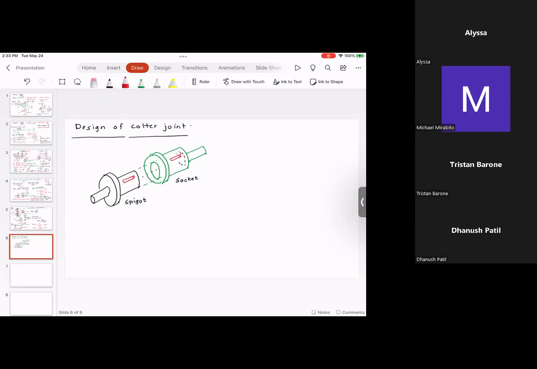And then there is a cotter that goes down. So you have a spigot, you have a socket, and the cotter goes down. This is the rod.